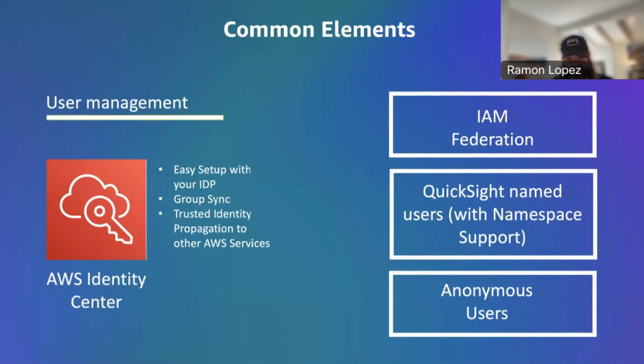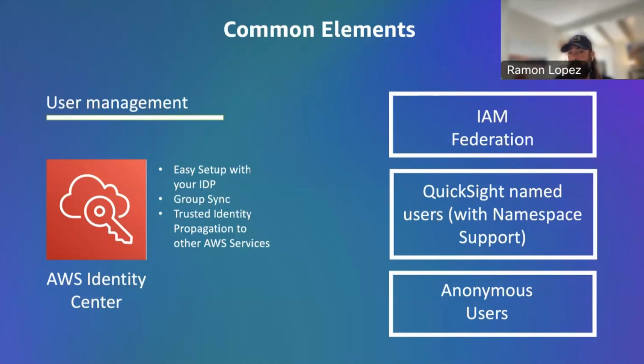That tighter integration that's brought forth with Identity Center is going to allow us to continue expanding on trusted identity propagation, open it up to additional services, and streamline that single identity across different AWS services, mapped to your organization identities.